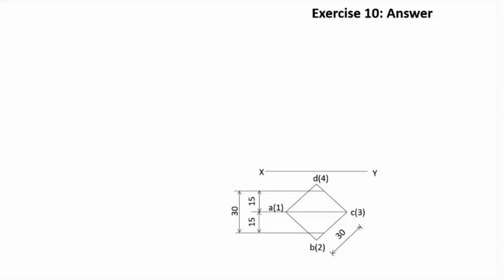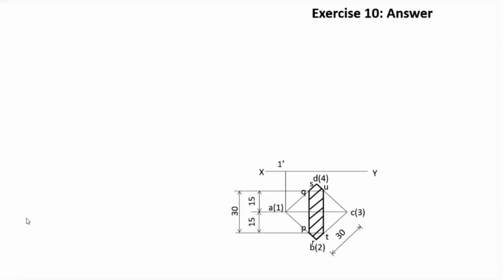This is for 30 millimeter, and the two edges which have the lower length are drawn. Then P, Q, R, S, T, U are marked.